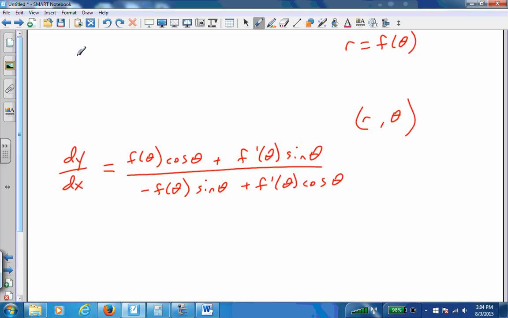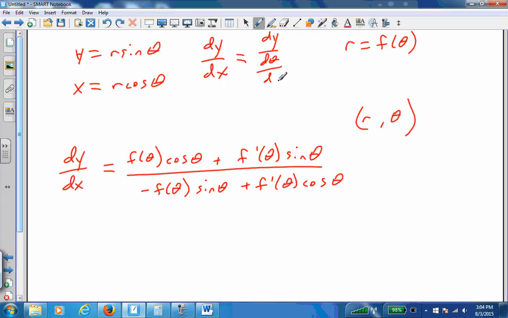If you think about that y equals r sine theta, and x equals r cosine theta, then if we think about a parametric equation, dy over dx would be dy d theta over dx d theta.